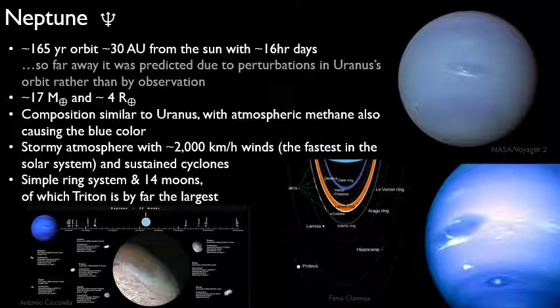The ring system here is also there, but relatively simple. We have 14 moons. You can see where they're distributed from Neptune here, and by far the largest is Triton. So that's the main one you would consider when you're thinking about moons of Neptune.